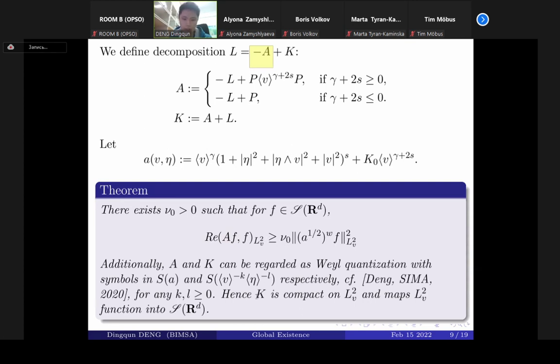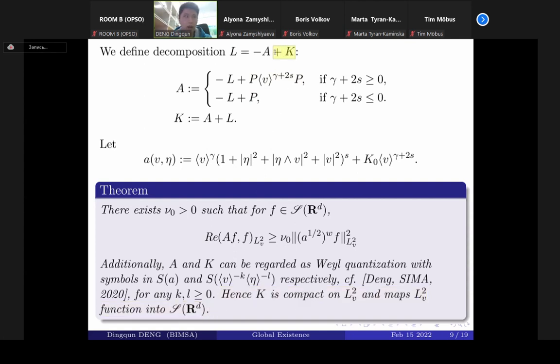For the part K, we can prove that K is some P times V gamma plus 2S times P, where P is actually some projection. In this way, we can prove K is compact and maps L2 functions to Schwartz functions.